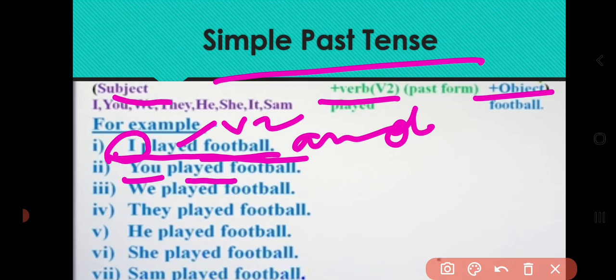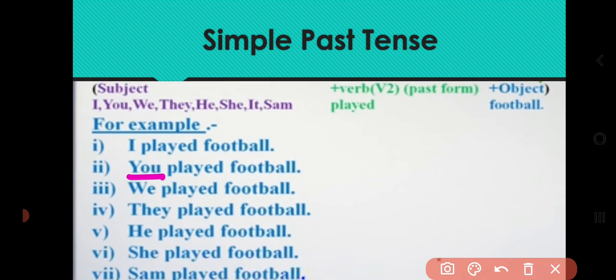You played football. You is the subject, played again is verb two, and football is our object. We is the subject, played is verb two, football is an object.